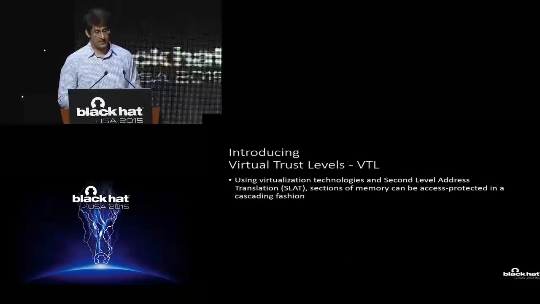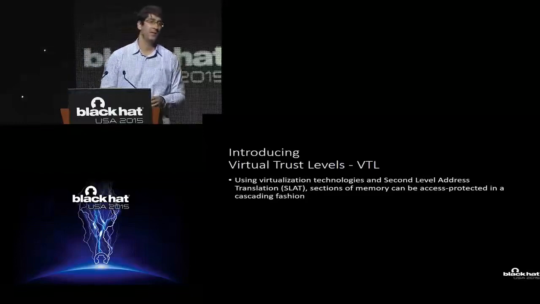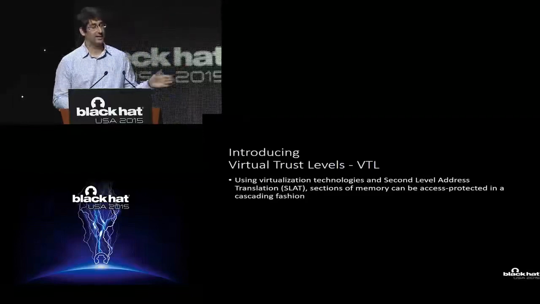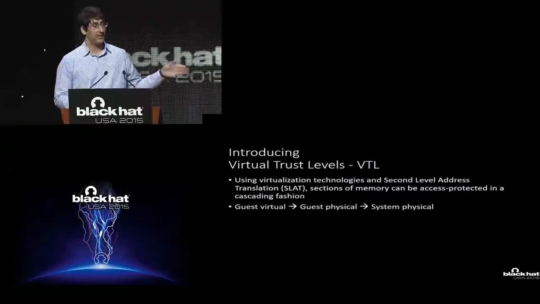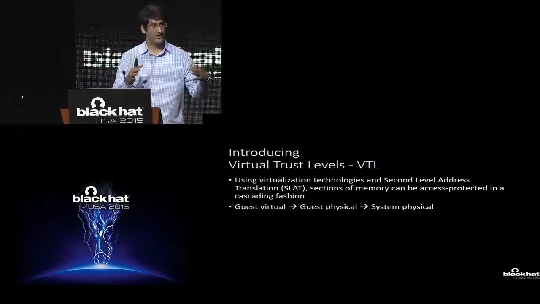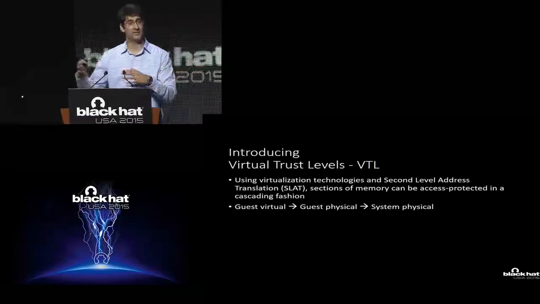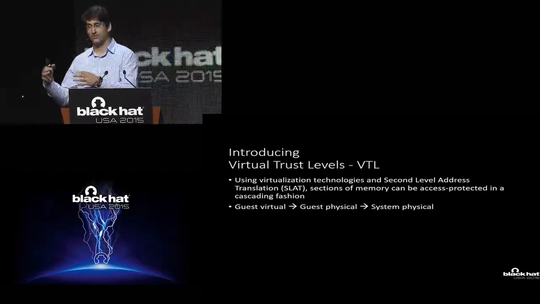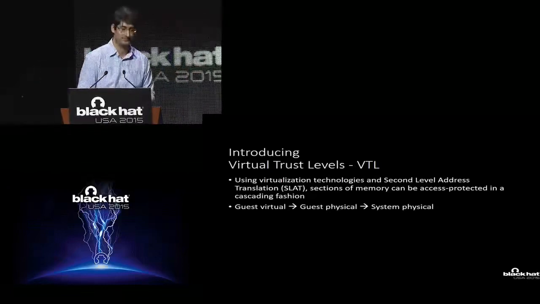Using virtualization technology and second-level address translation, sections of memory can be protected in a cascading fashion. Guest virtual can be mapped to guest physical, which can be mapped to system physical. That way, we can have islands of memory that are access protected from the rest of the system with the guarantees of the hypervisor and firmware.